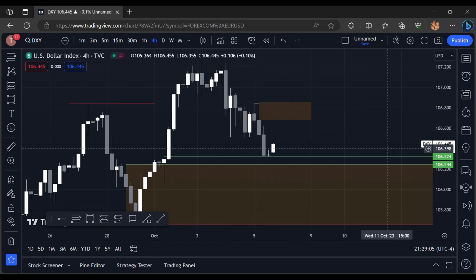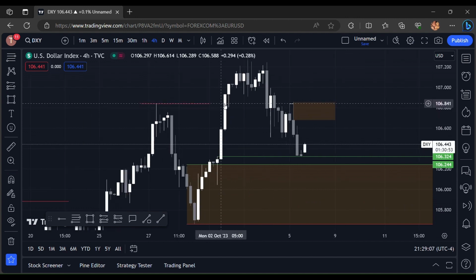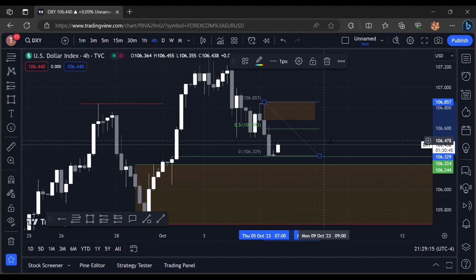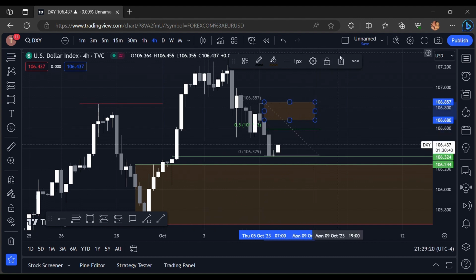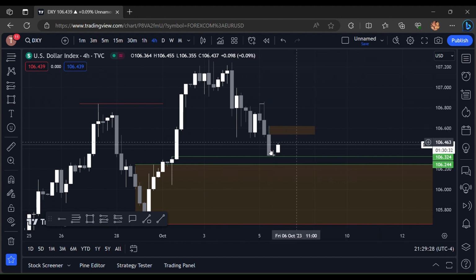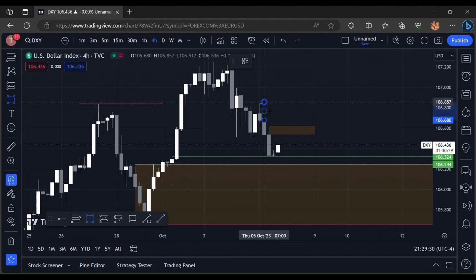But since the market is already reluctant to go above this zone, let's make it 50%. So most probably we are gonna go to the 50% of these moves, and then we are gonna go below. So let's remove it. We have two levels over here. This one and this one. This is the strongest zone.